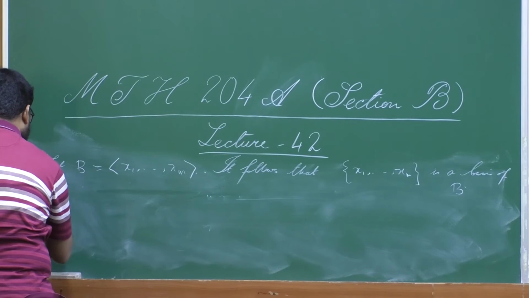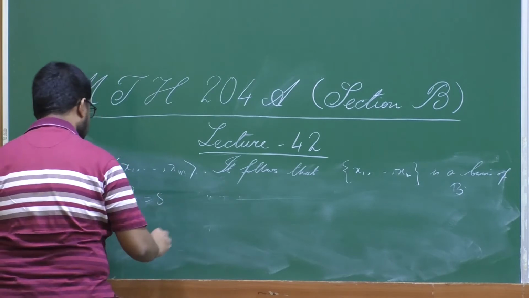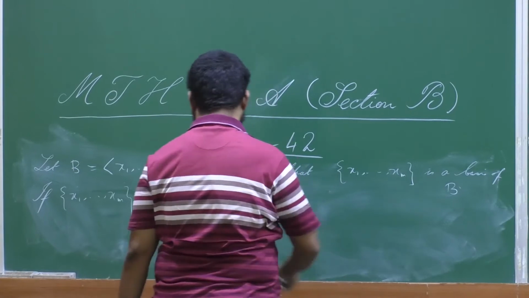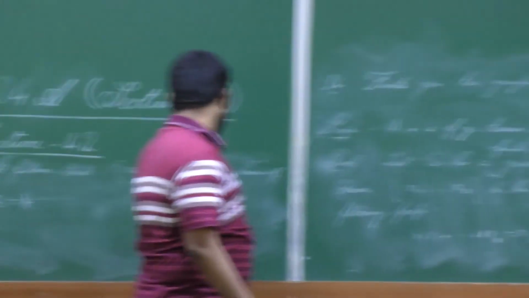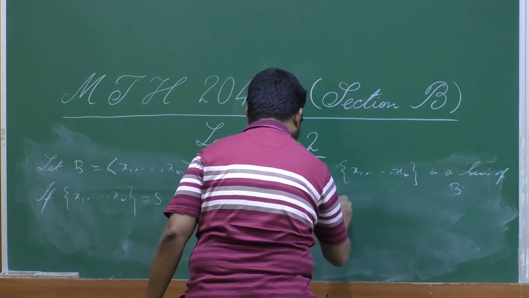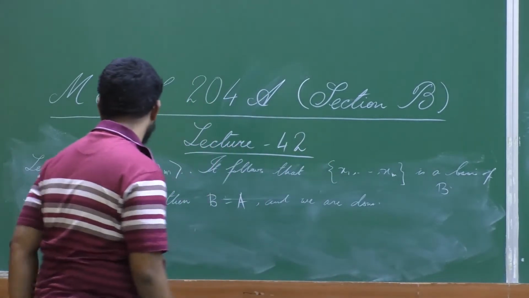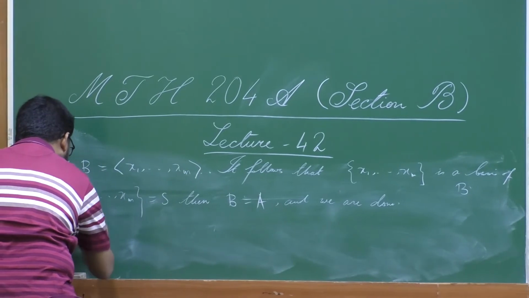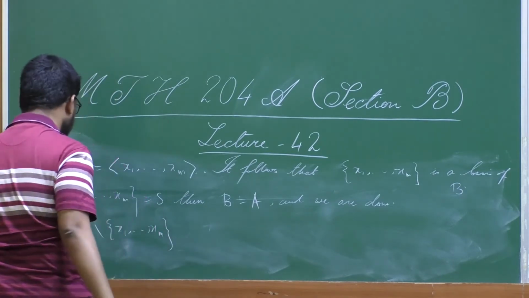Now, if this is the whole of S, then since S is a generating set of A, one obtains that B is A, and that shows A is free, because x1 up to xm is a basis of B. Then we are done. If not, then let y be an element of S minus this subset.